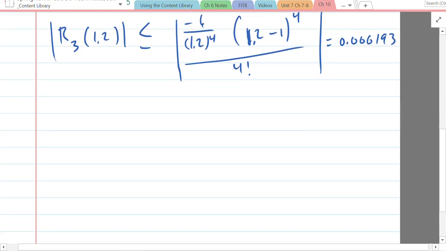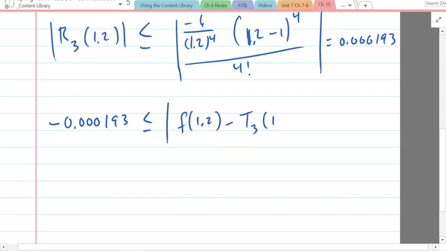And what does that mean? That means that our error is bounded, so that we know that from negative 0.000193 to 0.000193, the actual function value at 1.2 minus the Taylor polynomial evaluated at 1.2 lies in that range. Okay, so it means we've bounded our approximation.